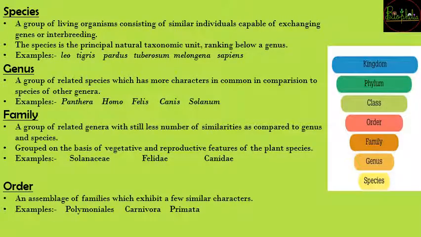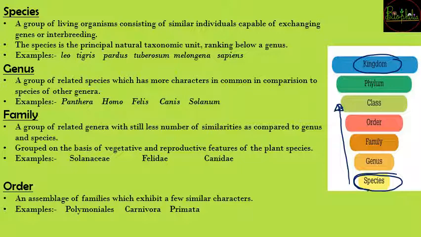Now let's understand each and every taxon one by one. The lowest taxon that you have is species. We will start from the lowest of the hierarchy, that is species, and from species we will build our knowledge up to the kingdom. So let's start with the species first.